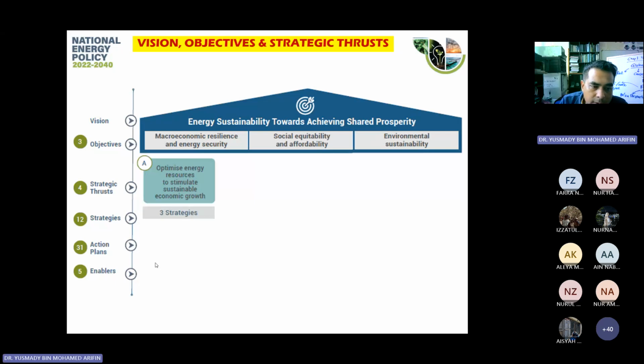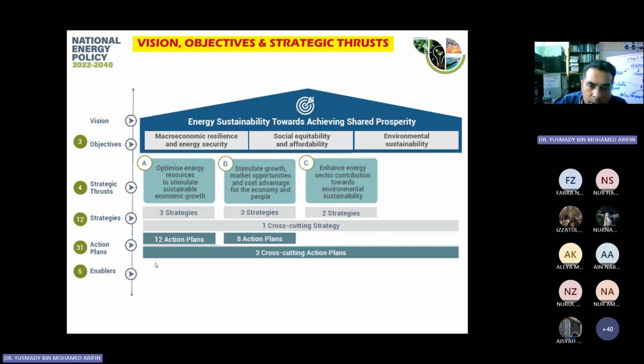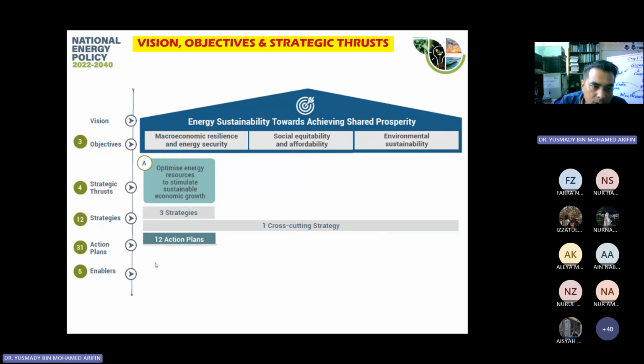Strategic thrust, we have berapa ni? Yeah. We have 4 strategic thrusts. The first one, optimize energy resource to stimulate sustainable economic growth with 3 strategies and also 12 action plan.